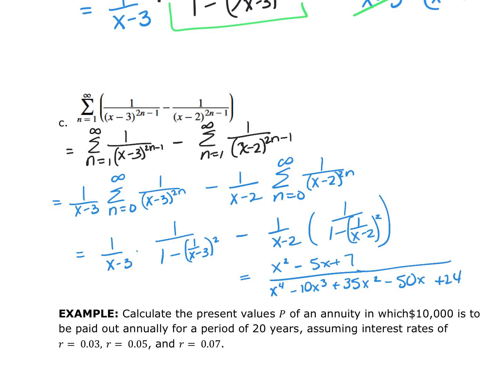Now, I just want to let you know, I am a fan of not multiplying the denominators, leave it in factored form. But you do need to make these two fractions into a single fraction. And the numerator does need to be simplified, but the denominator does not. If you don't want to simplify the denominator by multiplying stuff through, leave it in factored form. It's actually preferable that way.